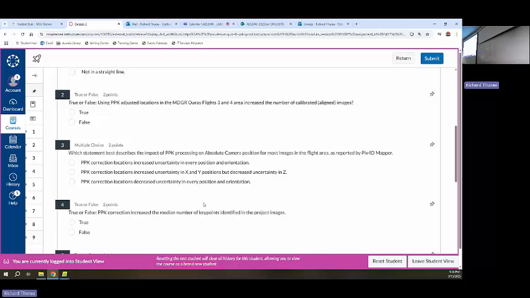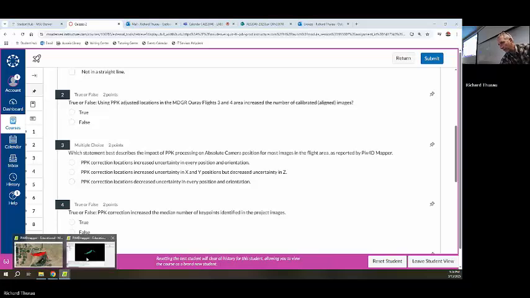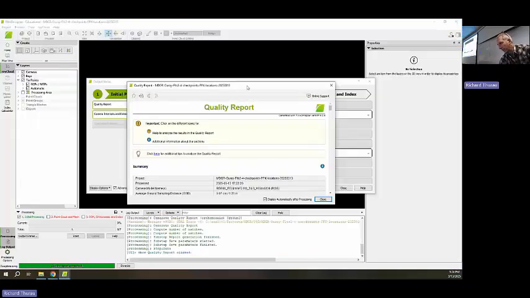So for that question, do we look at the quality report and look at the quality check where it talks about the number of images calibrated that actually went through versus what is there? Yeah, and that's one way to do it. You also can look in the report.